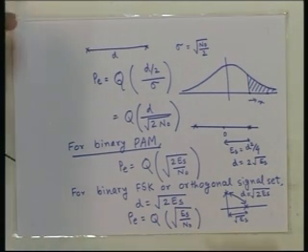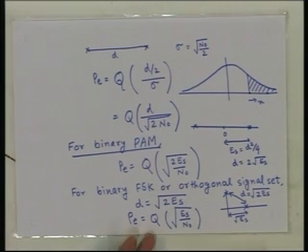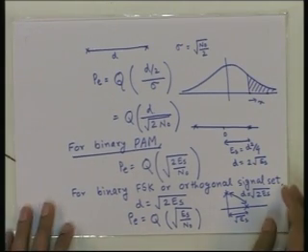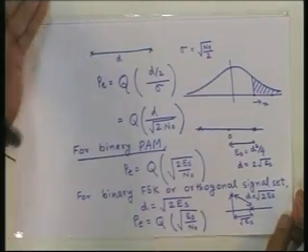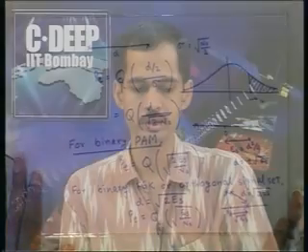So, for any binary signal set we can compute the probability of error if we are able to compute the Q function value at any point, and the only thing we need to know is the distance between the 2 signal points and the noise variance. This is actually a fundamental component in computing the probability of error of any signal set.